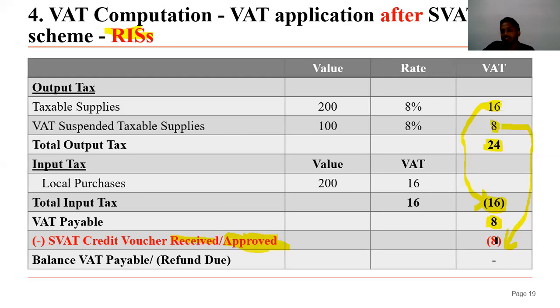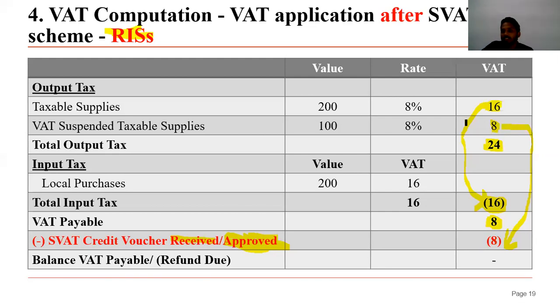You can deduct that because the 8 million you are not required to pay anyway, since the RIP has already approved. You can deduct that 8 million.